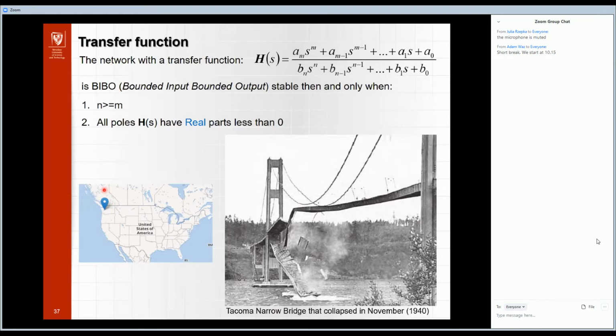There were mistakes in designing this bridge, and a small, specific wind destroyed this bridge. So we have wind as input, and the input was bounded, but this construction is not stable. So from a bounded input we obtain an unbounded output, and so this is the result.